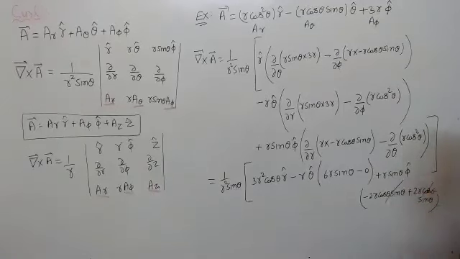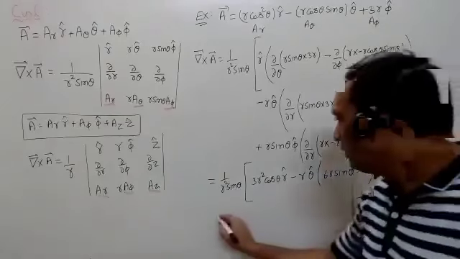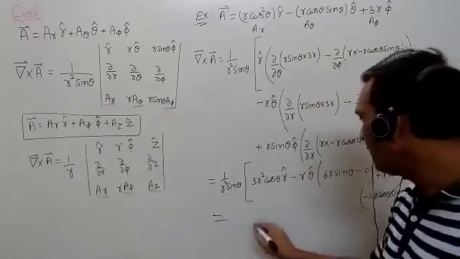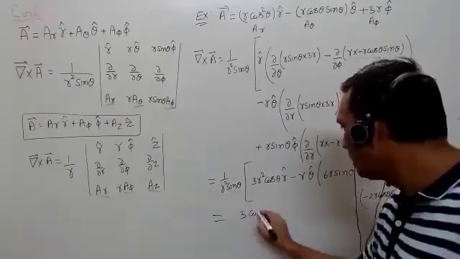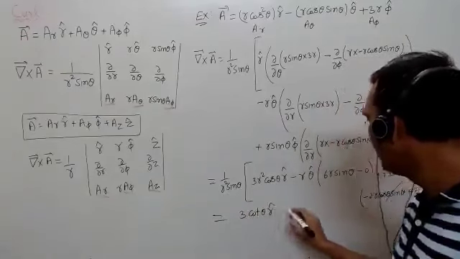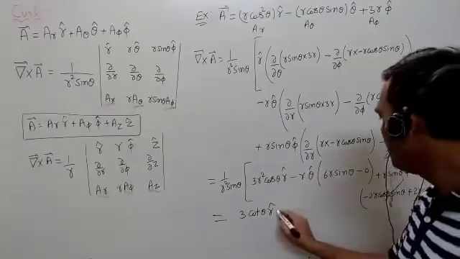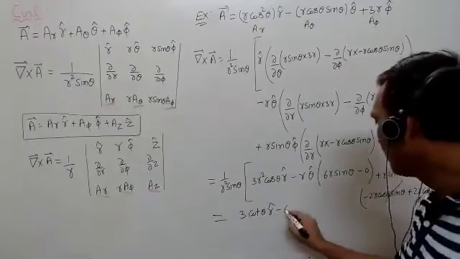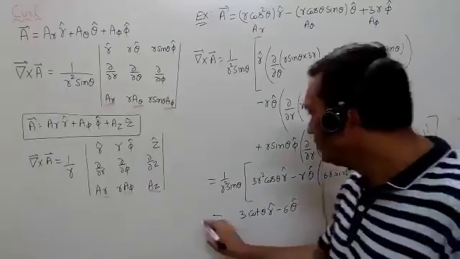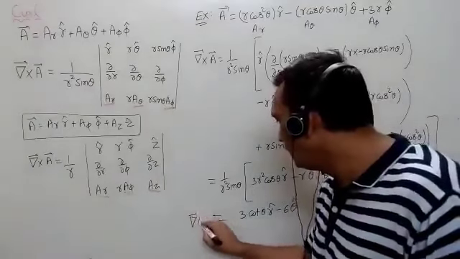So that is cancel out. This will be 0. So if you divide it by r square sine theta, you will get 3 cot theta r cap and minus 6 theta cap.